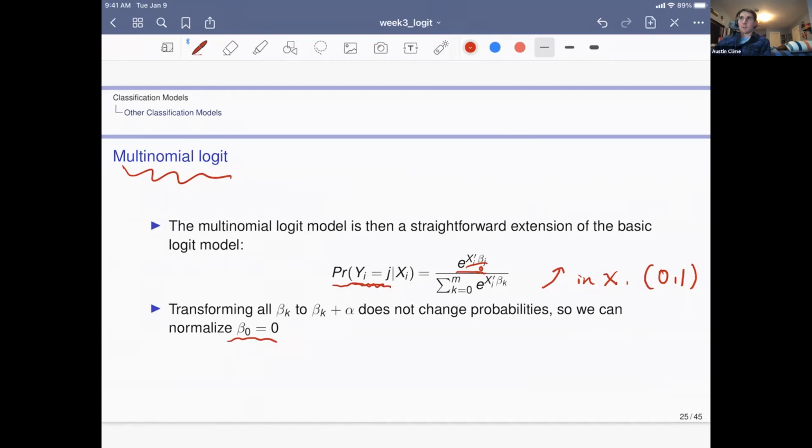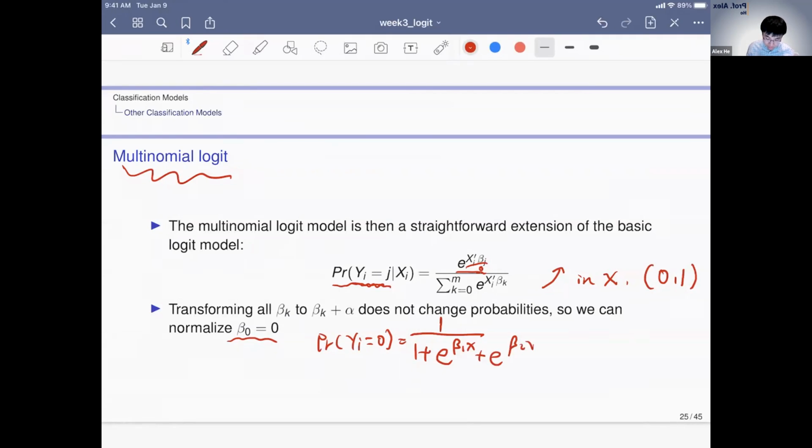Does the denominator sum to 1 in that probability function? All the probabilities sum up to 1. Okay, so let's do a simple example here. Let's say there are 3 categories. The probability of yi equals 0, which we normalize, equals 1 over 1 plus e to the beta 1 x plus e to the beta 2 x.